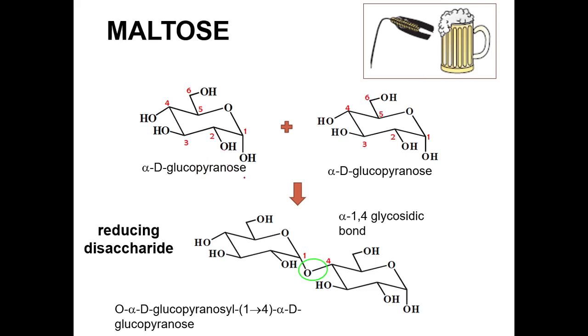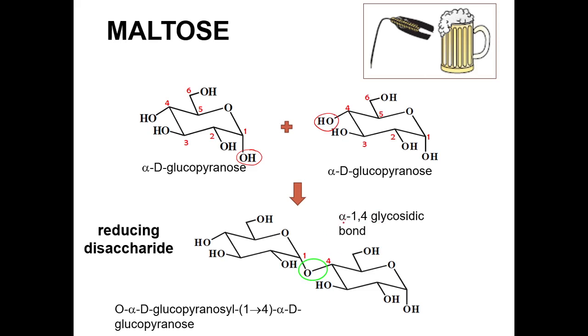So, the reaction will be between the OH in the carbon number 1 and the OH of the carbon number 4 of the other glucose units. So, ganun din, same yung mangyayari. Meron tayong maaalis na water dyan. So, after maalis yung water, ay mapo-form naman natin yung alpha 1,4 glycosidic bond.